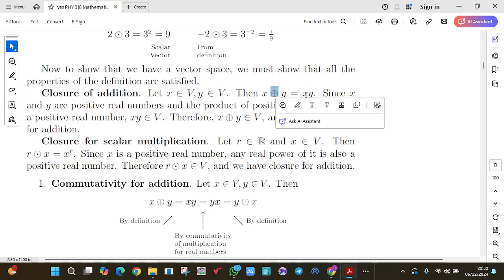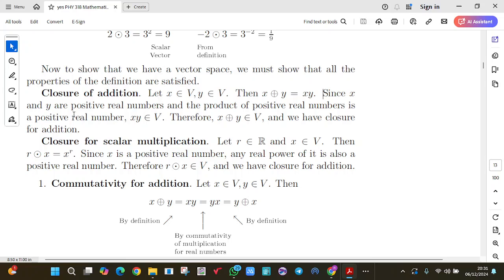That's the definition that has been given. So now say let x belong to the vector space, let y belong to this vector space. Then our definition is saying that x, this is a summation sign, sum y is defined as xy.